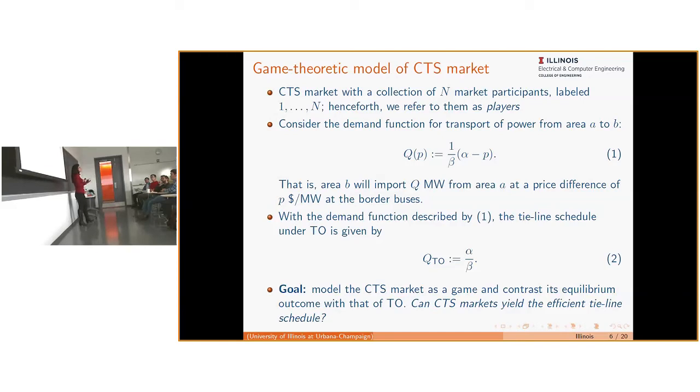And recall that I said that the theoretical optimum is at the point where the two supply stacks cross, or otherwise when the price spread between the two areas becomes 0, and it can be calculated and given by the expression 2. So our goal is to contrast the market outcome of the CDS, by taking into account the strategic behavior of the players, to this theoretical optimum.